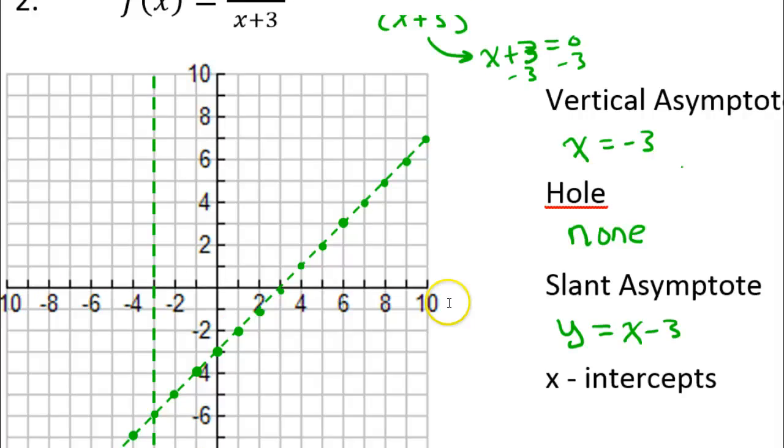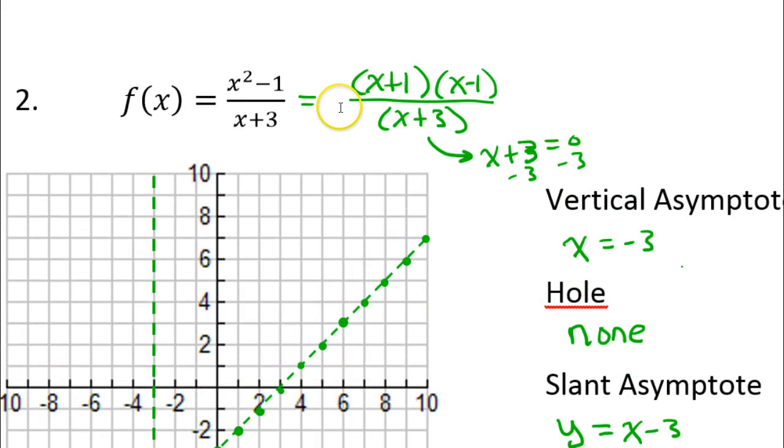X-intercepts come from setting the numerator equal to 0, the zeros of the numerator. So that means I'm going to set each of these equal to 0. If I set x plus 1 equal to 0, I get x equals -1. If I set x minus 1 equal to 0, I get x equals 1.